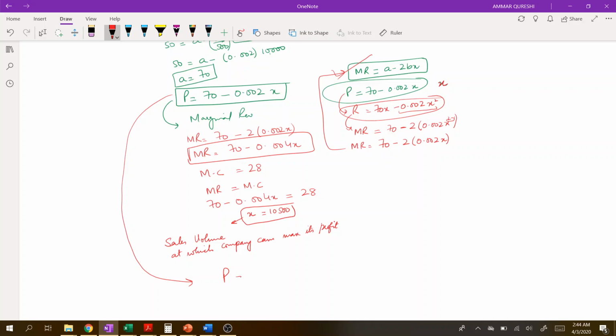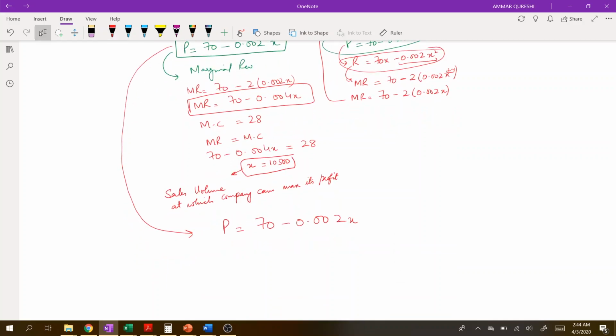So the price function is equal to 70 minus 0.002 of X. Don't put this quantity in marginal revenue. We are not calculating marginal revenue. We are supposed to calculate the selling price, right? So you just need to plug in this value here.